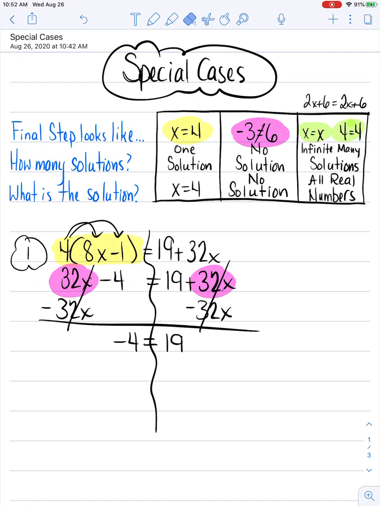Can -4 ever equal 19? No. So if I look at my chart, I have two unequal numbers. So this equation has no solution. Not only is that how many solutions it has, that is the answer, no solution.